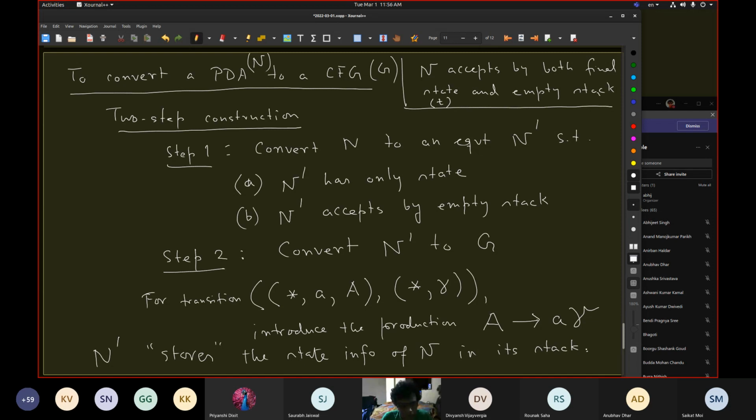N prime makes a very tricky use of its stack, such that it manages by storing the state information of N in its stack itself. That is the most difficult part in understanding, and I wanted to cover it.